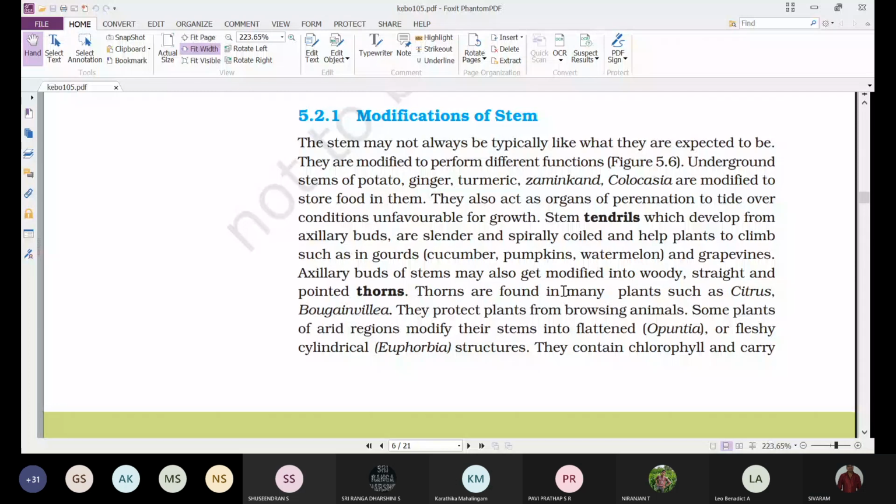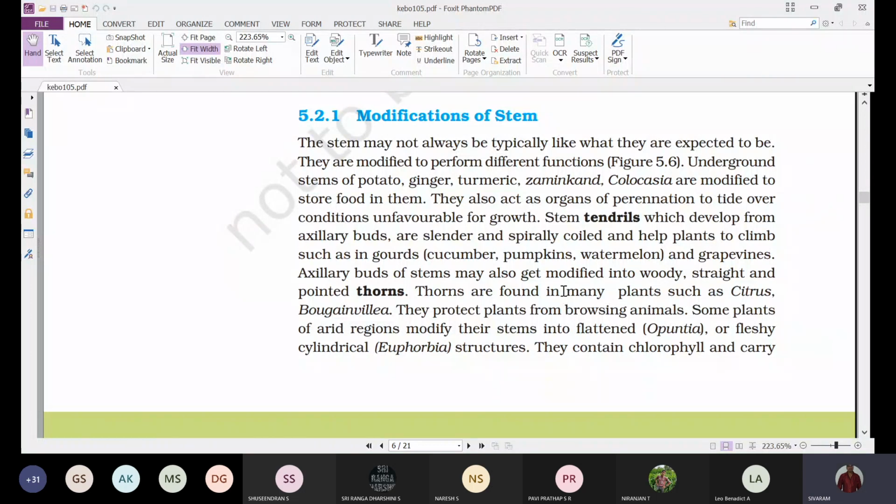This portion of the stem placed inside the soil is meant to store food material, so that the food material is protected from herbivorous animals grazing. So we can observe different plants with underground stems storing food material and becoming tuberous.